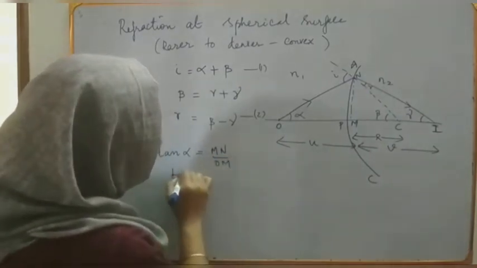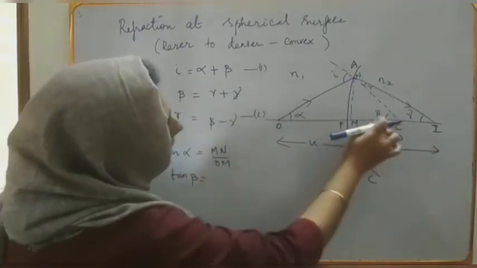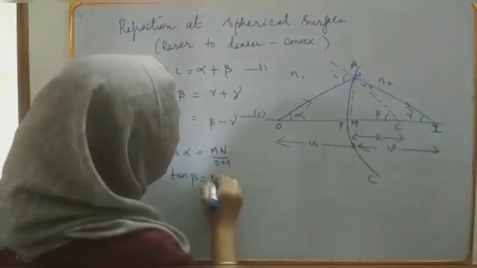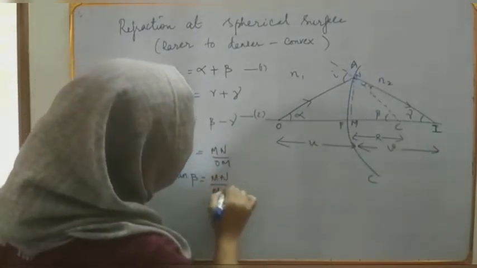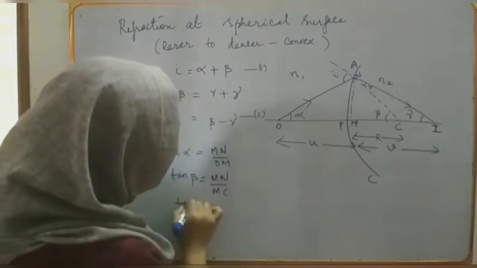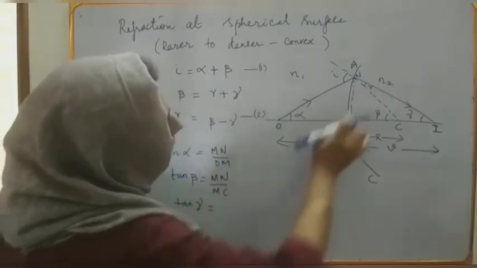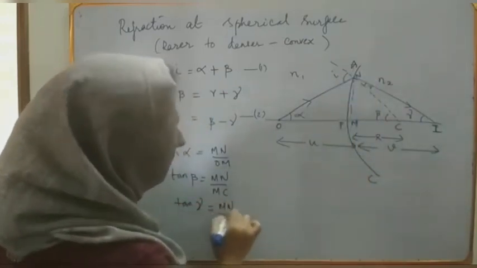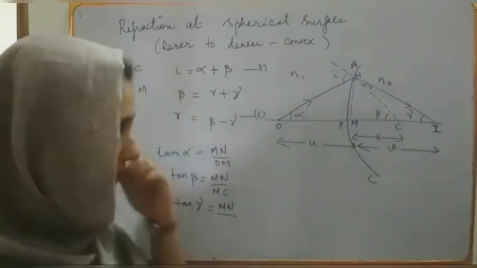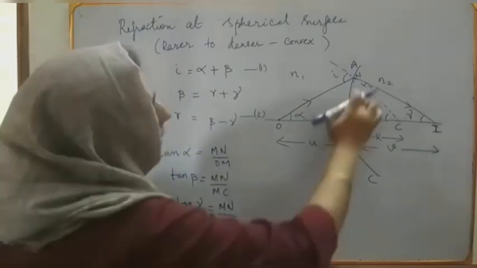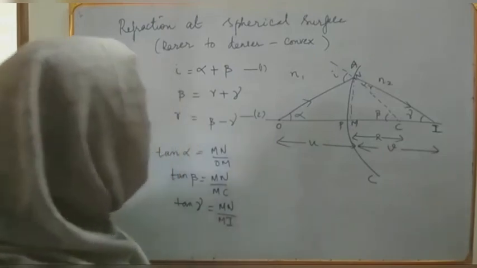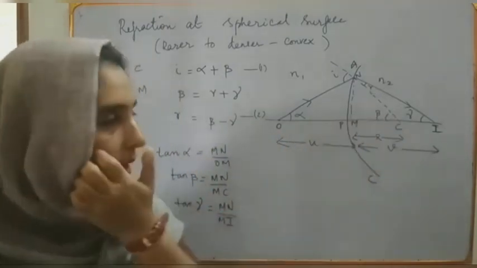Tan beta is equal to MN divided by MC. And similarly, tan gamma is equal to MN divided by MI. You can see MN is common in all the equations, which will get cancelled out eventually. So we got three equations in terms of distances.